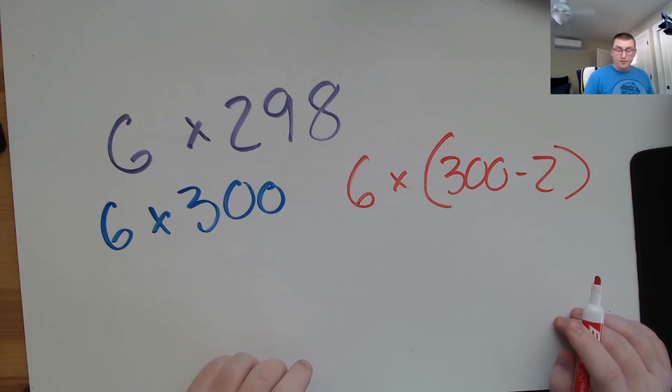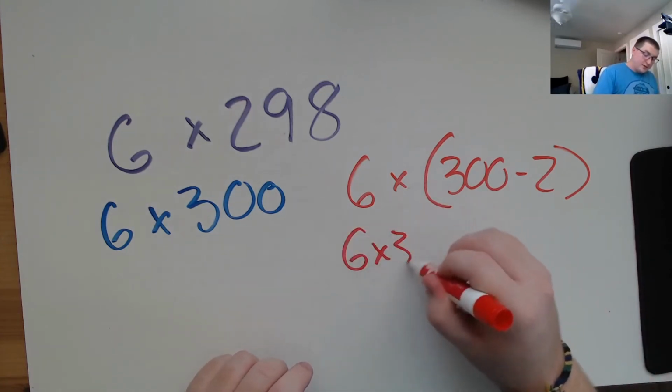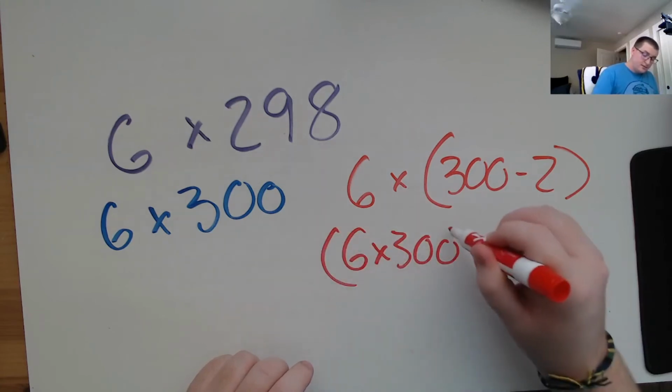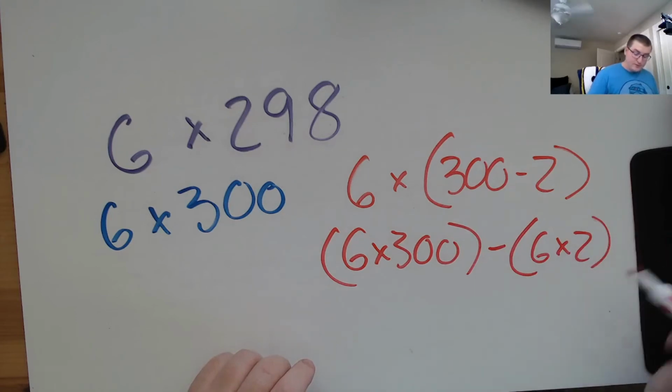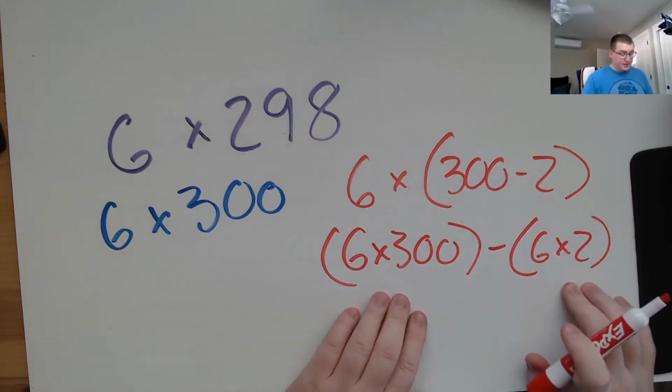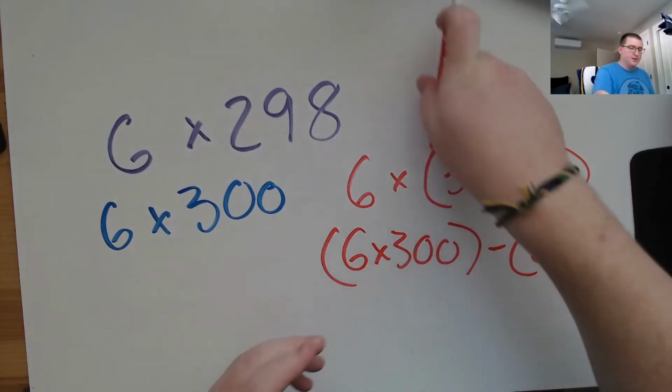So the way we are going to do this is 6 times 300 minus 6 times 2. So we know 6 times 2 and 6 times 300, we can make that pretty simple. So let's go ahead and let's do this, okay?